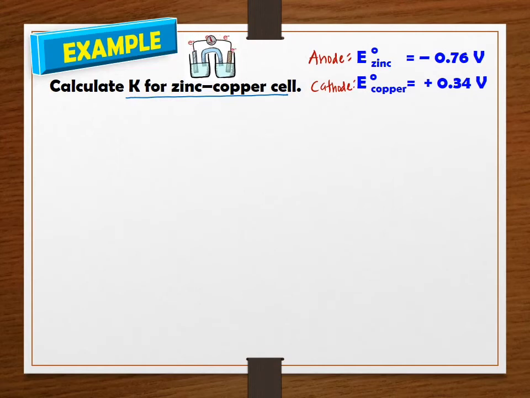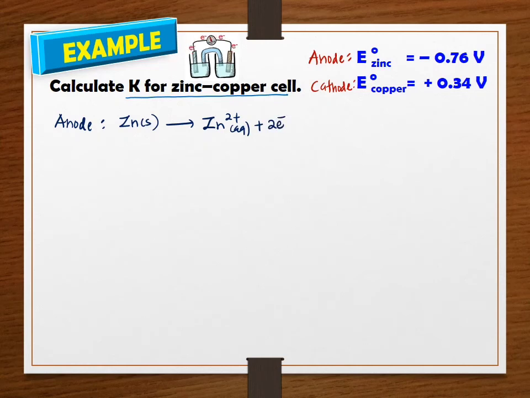Okay, so jom kita buat dulu. So kita buat untuk anode dulu. So kita dah tahu anode adalah zinc tadi. Okay, so awak terus je buat equation. Kita tahu anode akan undergo oxidation reaction. So here zinc solid will undergo oxidation, become zinc 2 plus aqueous plus 2 electrons.